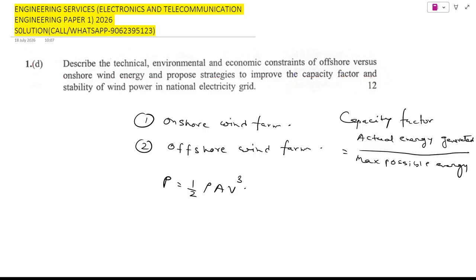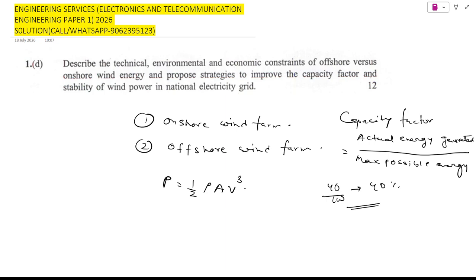Okay. So suppose a 100 megawatt wind farm actually produces energy equivalent to an average of 40 megawatt through the year. So the capacity factor will be 40 by 100. So this is 40%. Okay. Higher capacity factor means the turbine is producing electricity for a greater portion of time, and offshore wind farms generally have higher capacity factors because wind is stronger and more consistent.